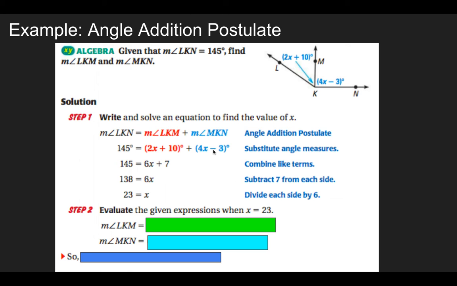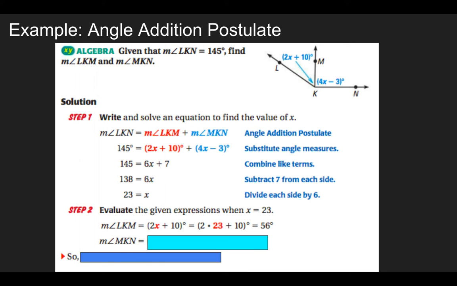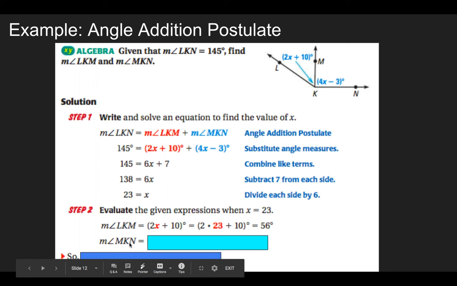Once you know that x is equal to 23, then finding the measure of these two angles, LKM and MKN, is just a matter of substituting. So we know that LKM is 2x plus 10. And we now know what x is. So we can find the measure by just multiplying 2 times 23 and then adding 10 to it to get 56. And I'm going to find MKN similarly.